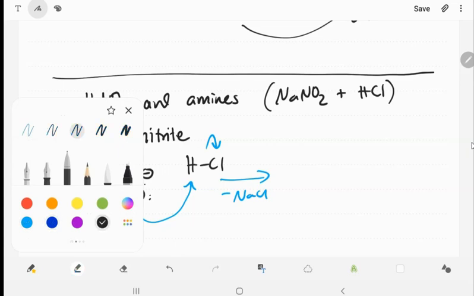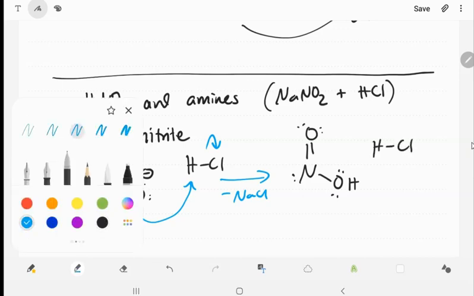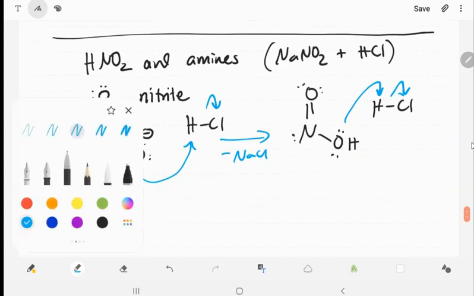We end up protonating this. And then we do it again. Protonate again. Just like before with the sulfuric acid, we protonate nitric acid, and we got NO2+.